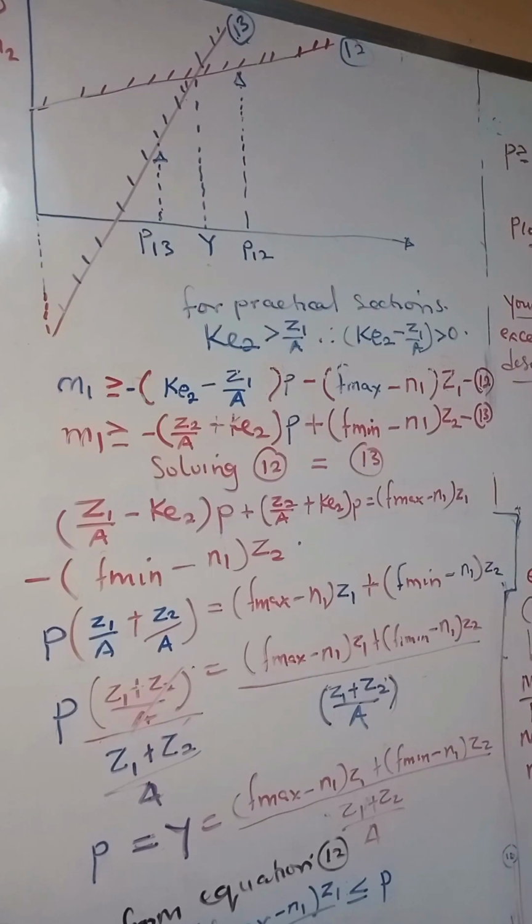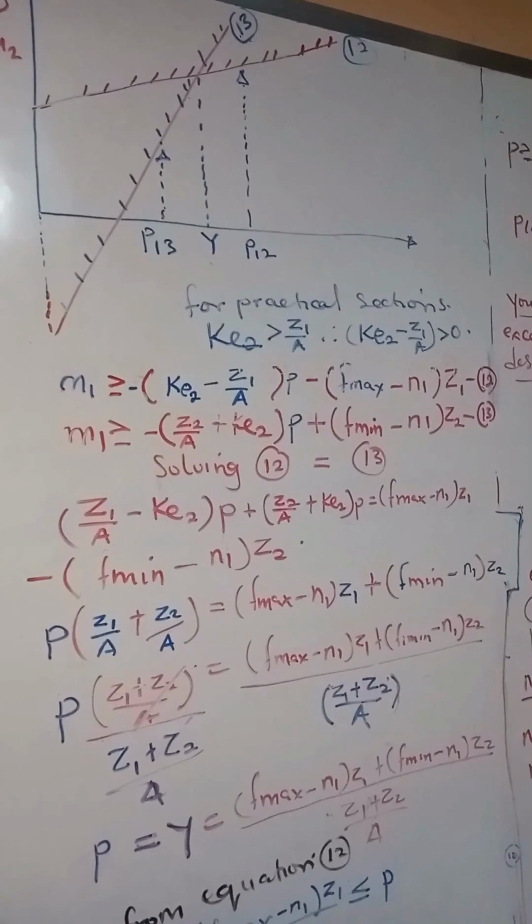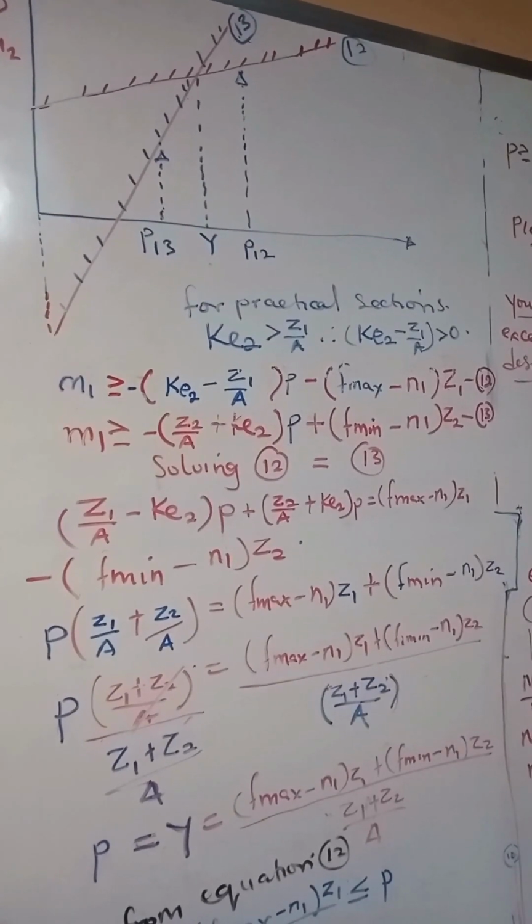So if we look at the expression of equation 12, where we have M1 greater than our KE2, you observe equation 12, you will discover that particular entity has been rearranged to suit the expression KE2 minus Z1 over A.